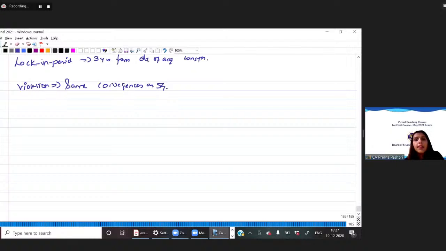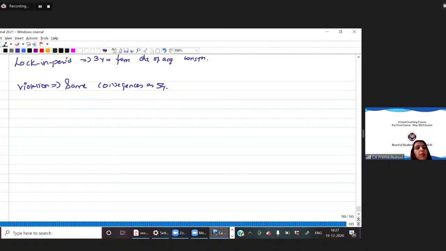Leela, you are asking on violation of conditions, what is the implication in the shareholder's hand in case of conversion of sole proprietary concern into company. We discussed today what will happen if you violate the conditions of section 47.